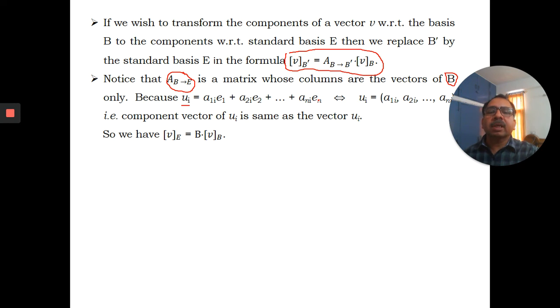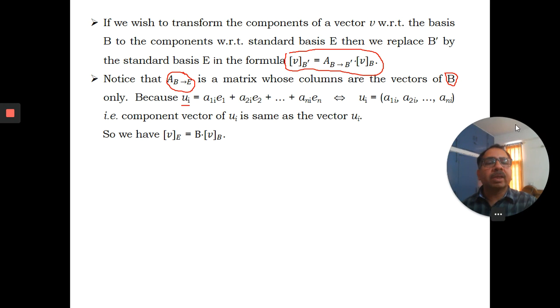Similarly, in En, the nth position is 1 and everything else is 0. So if you add up all these entries, you will get this vector: ui is A1i, A2i, Ani. So it means this important thing: the component of ui is the same as the vector ui.